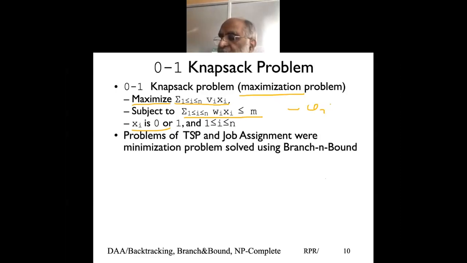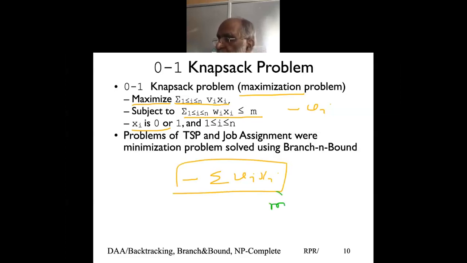So whenever it is maximum, minus sigma Vi Xi is going to be minimum. Whenever we are looking at the maximization problem, if I take the negative of this, then whenever this is maximum, this is going to be minimum.